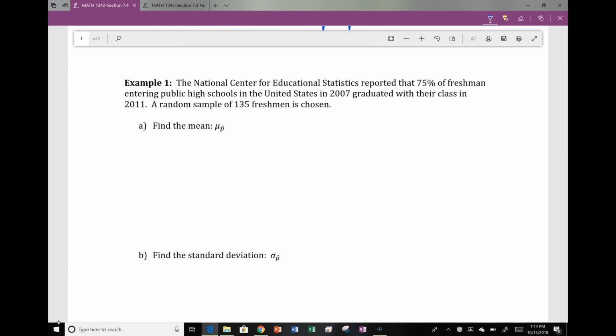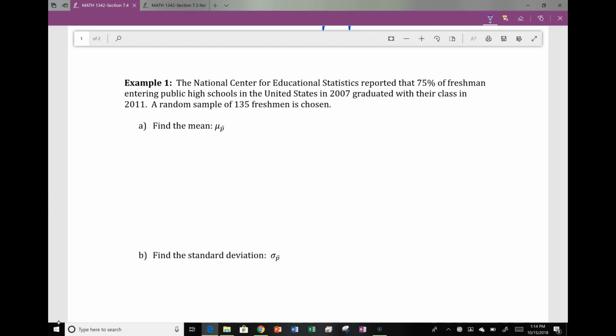Let's look at an example. The National Center for Educational Statistics reports that 75% of freshmen entering public high schools in the United States in 2007 graduated with their class in 2011. So 75% of incoming freshmen graduated with their class 4 years later.